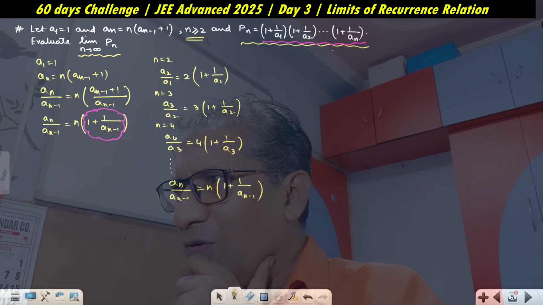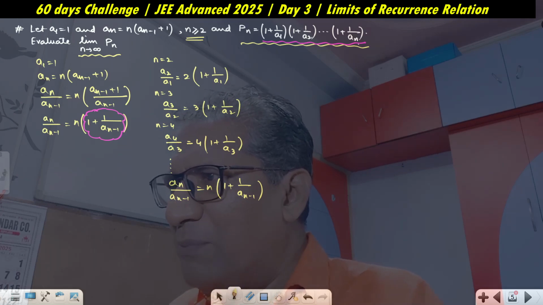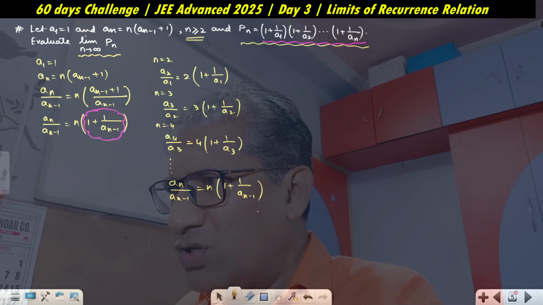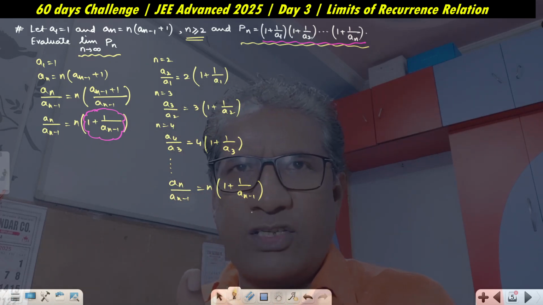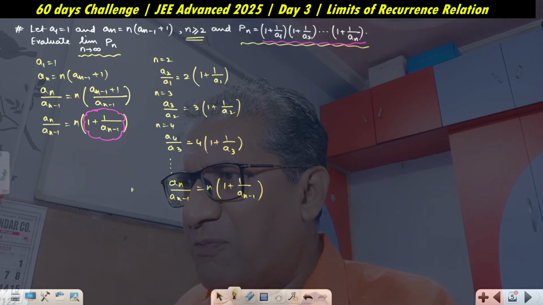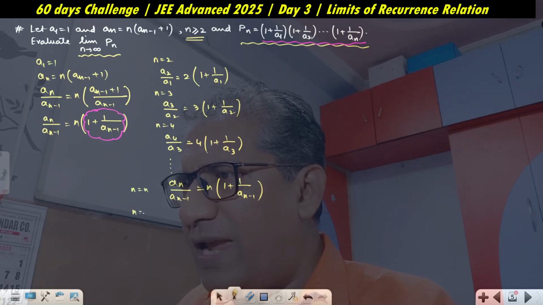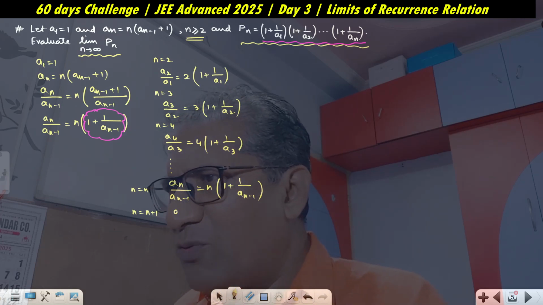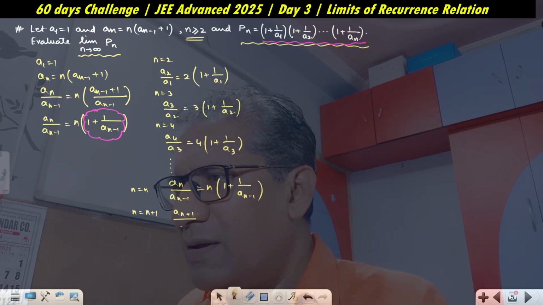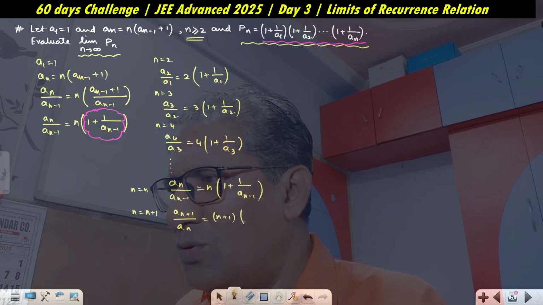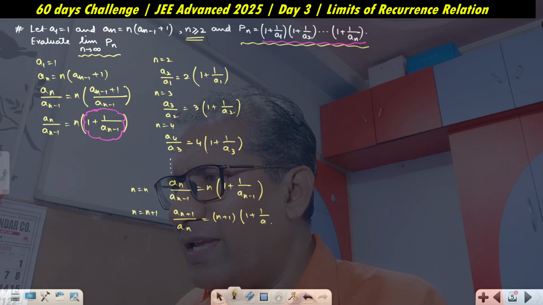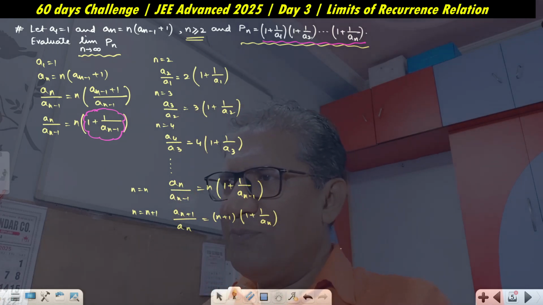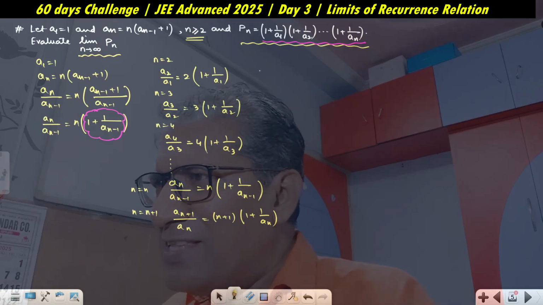But we have to reach 1 plus 1 by a_n. So I should not finish my sequence here. Here we have put n equals n. Now let me put n equals n plus 1. So if I put n plus 1, we are going to have a_{n+1} by a_n equals n plus 1 into 1 plus 1 over a_n. Okay? So now if I multiply the corresponding sides, what are we going to have?